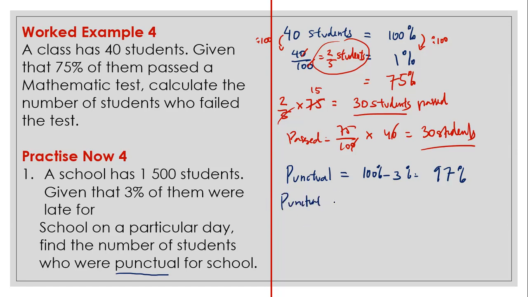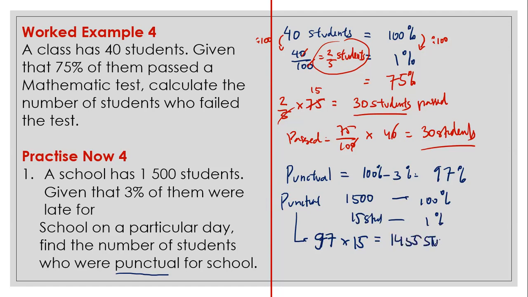So the total students is equal to 100%, right? So 1% represents 15 students. So the punctual students will be 97 times 15, because 97%. So the answer will be, wait, I need to use my calculator. 1,455 students were punctual.